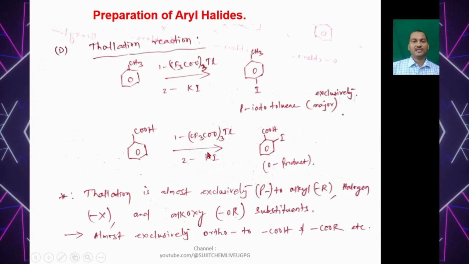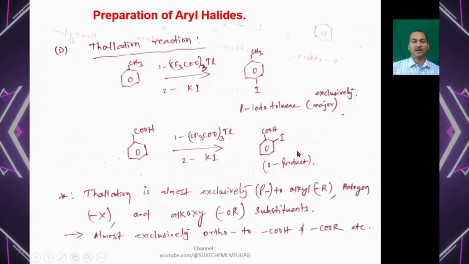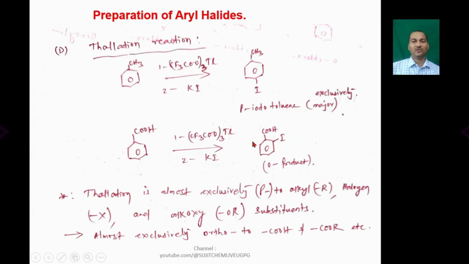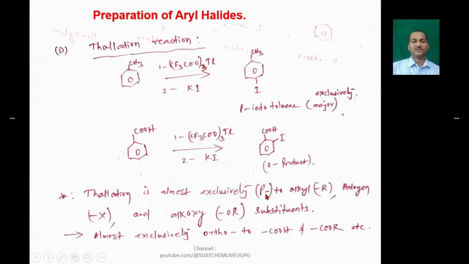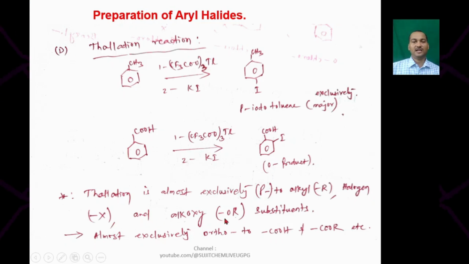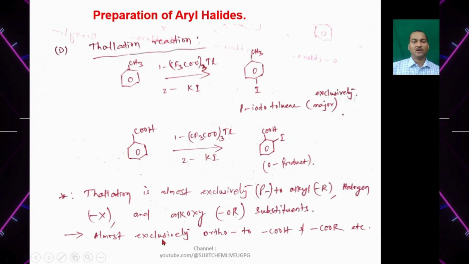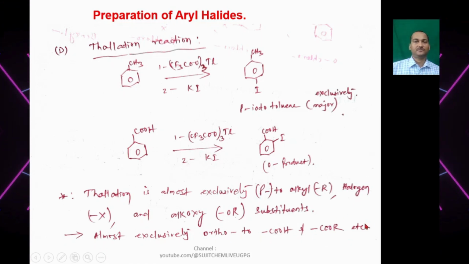Similarly, benzoic acid can react with this thallium reagent and potassium iodide giving rise to ortho-iodo carboxylic acid. Thallation is almost exclusively para to alkyl R, halogen X and alkoxy substituents, and almost exclusively ortho to COOH and COR.